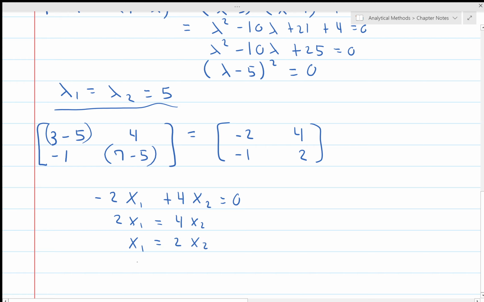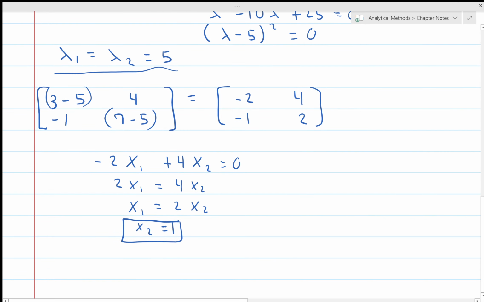So if I set x2 equal to 1, this is where you can kind of pick, I'm setting x2 equal to 1. Well, that would mean that x1 equals 2 times 1, which is 2. So when lambda 1 is equal to lambda 2, which is equal to 5, my k solution is 2, 1.